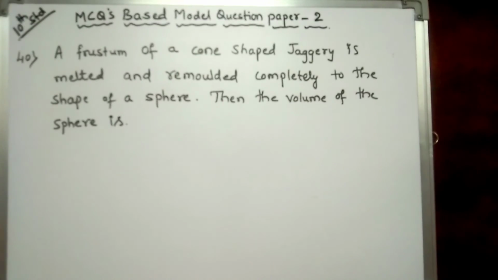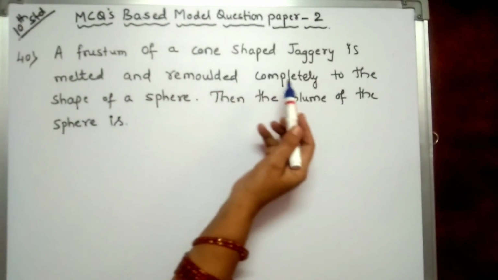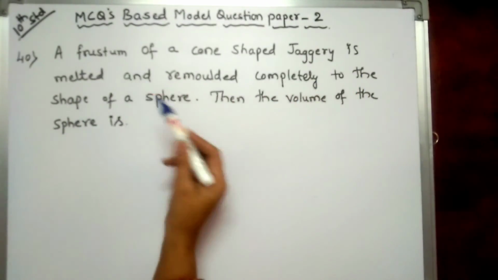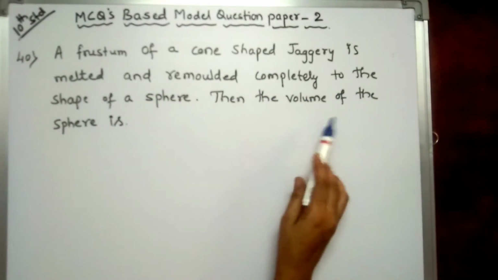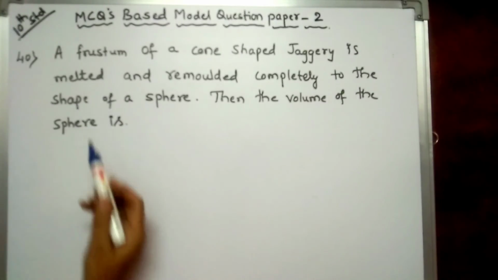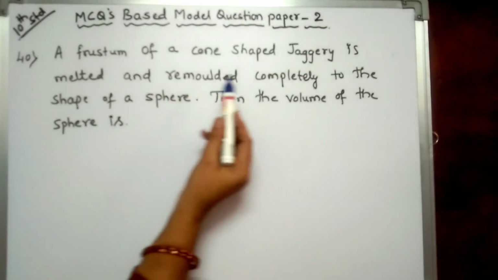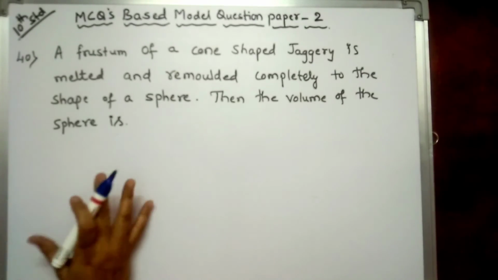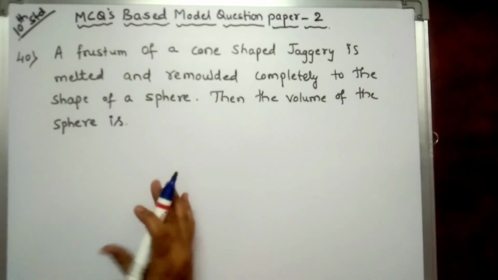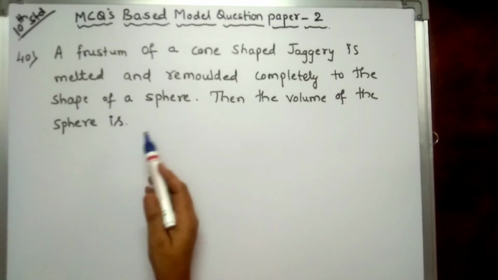Question number 40. A frustum of a cone shaped jaggery is melted and remolded completely to the shape of the sphere. Then the volume of the sphere. See here, a frustum of a cone shaped jaggery is melted. That much quantity only is completely remolded to the shape of the sphere.